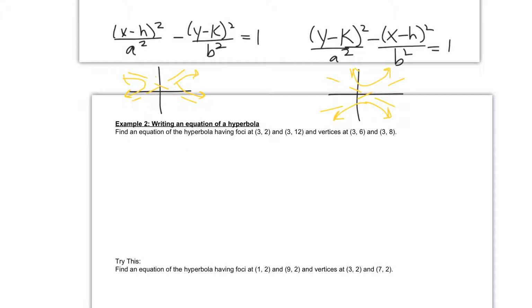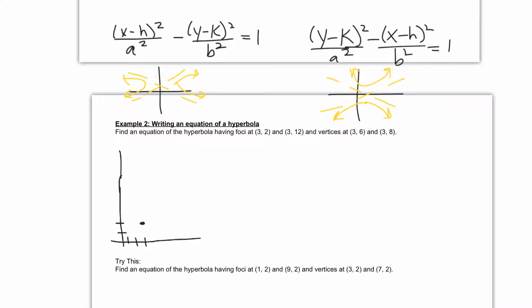The first thing that I think we should do is draw a quick picture with our foci and our vertices to give us an idea of which equation we're actually dealing with. So let's plot those. We have the point (3,2), and it's just a rough sketch.